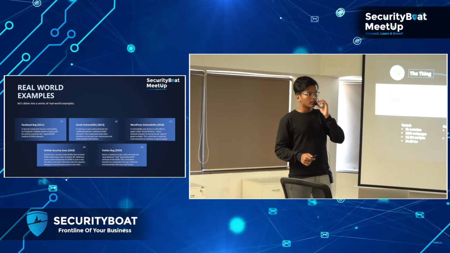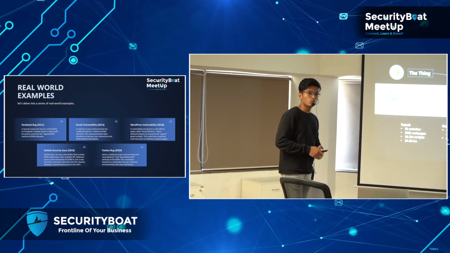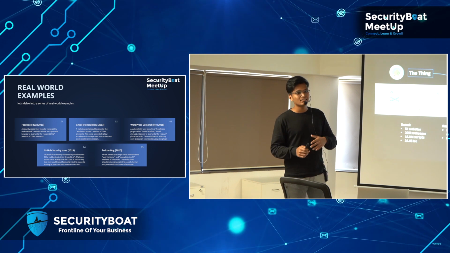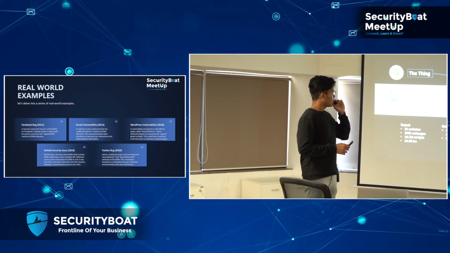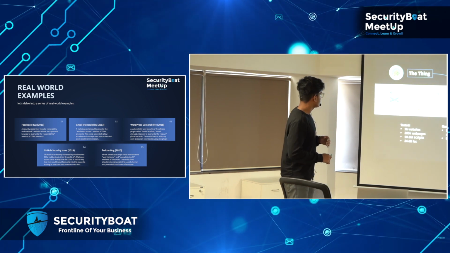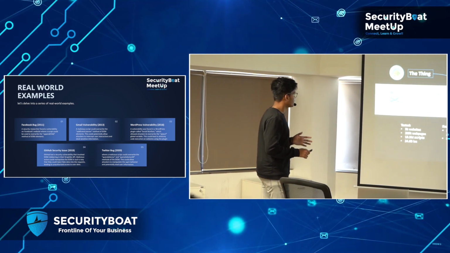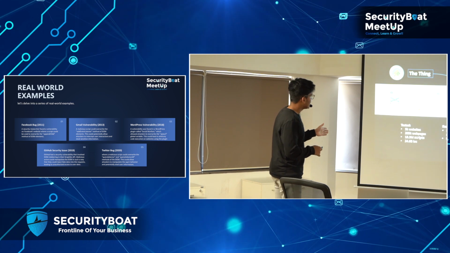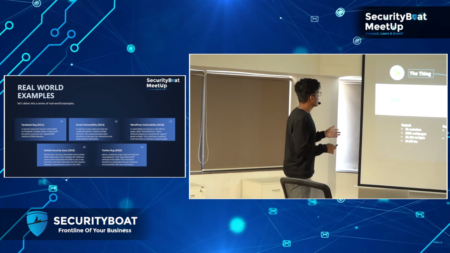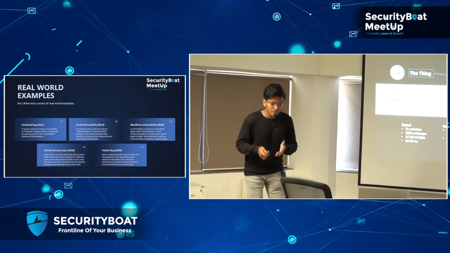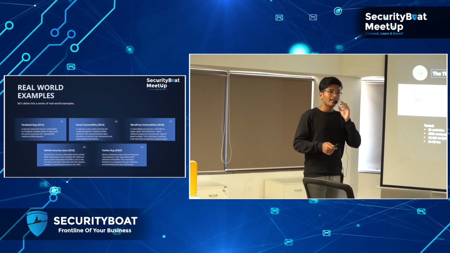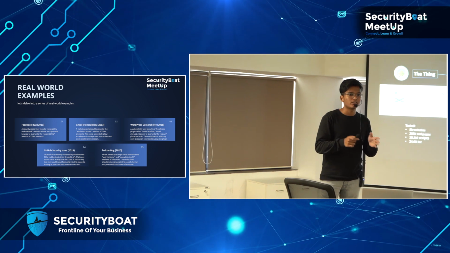So DOM clobbering can be found in websites, but it isn't severe enough to be mitigated. And this tool is open source. It accesses the web pages, goes through vulnerability analysis, does the verification, and shows whether DOM clobbering can happen in that website.